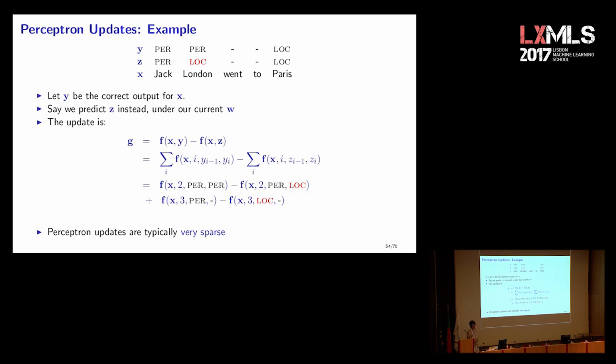So what is the effect of this? This is with respect to the 5 plus 5 feature vectors that were here originally. From 10 feature vectors, most of them cancel, so only 4 make it to the gradient, and the others get canceled, okay?